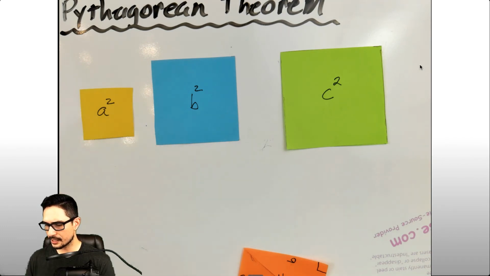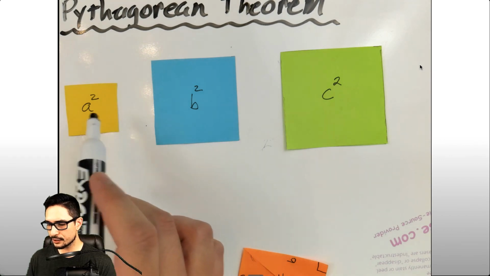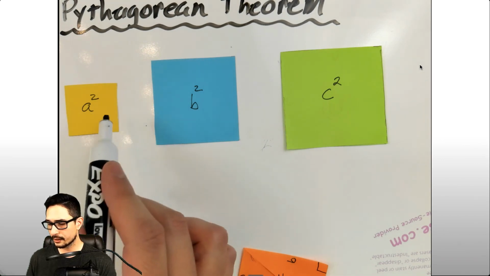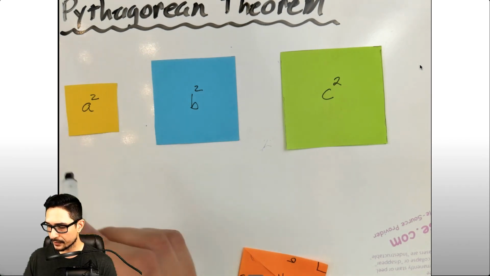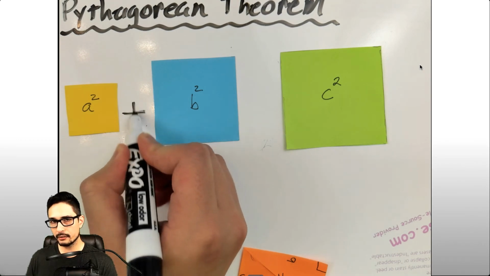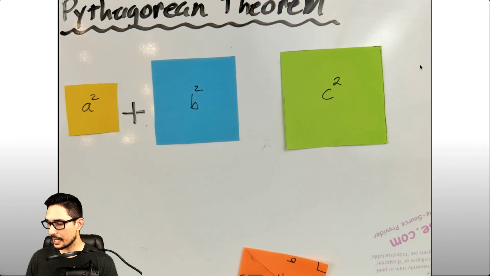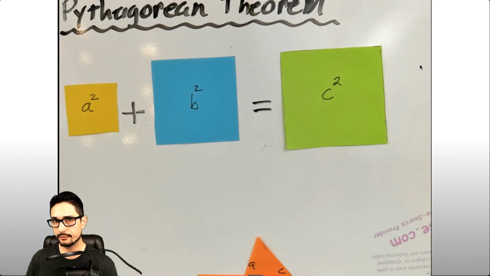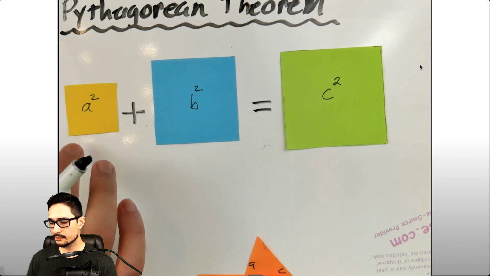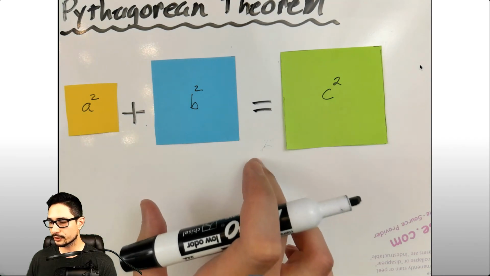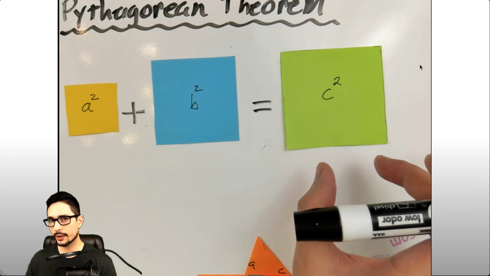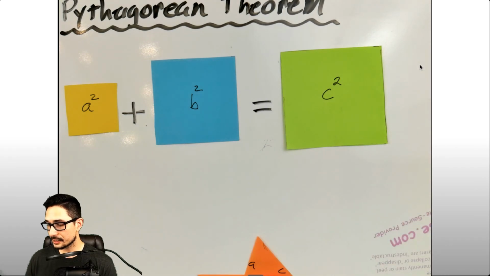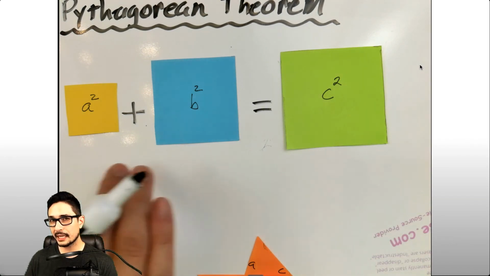So these two areas, the a squared and the b squared, if I add those together, I get c squared. So if I add these two negative spaces, a squared plus b squared, this is equal to c squared. This is the Pythagorean Theorem.